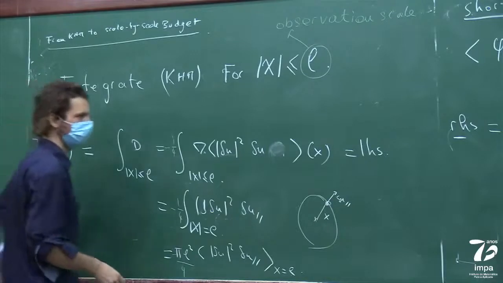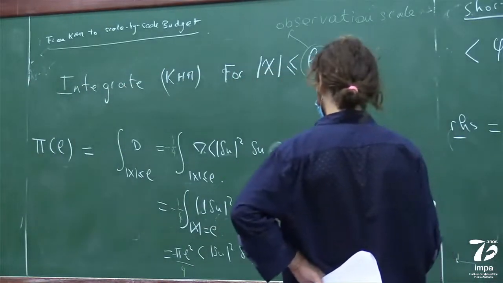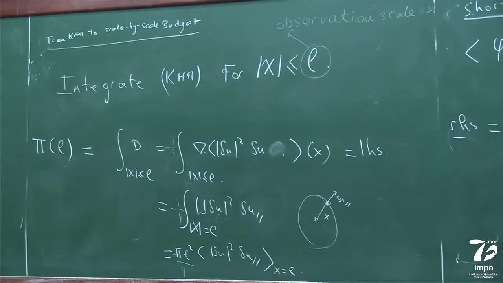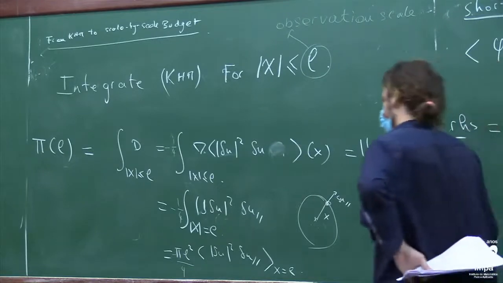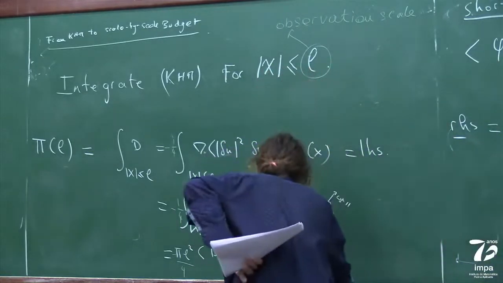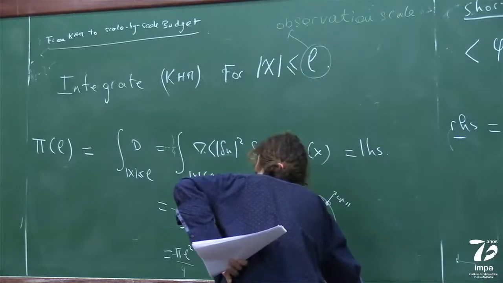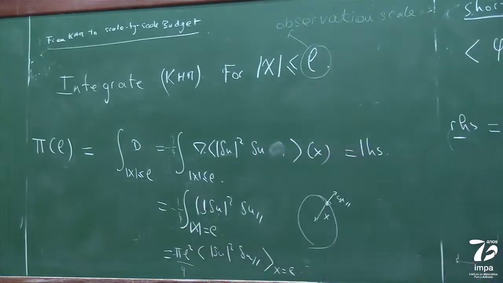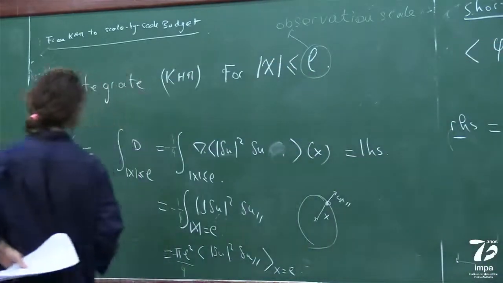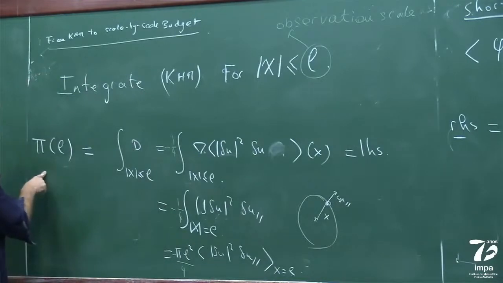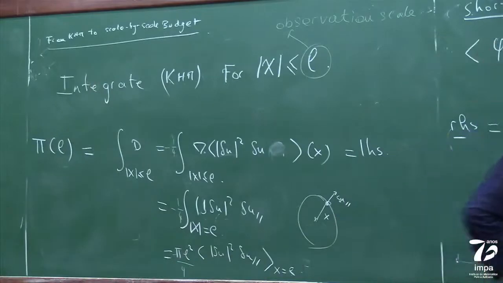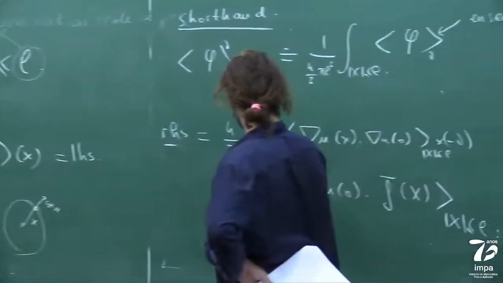Okay, so now if we sum up everything, this is pi L. And then we can also divide everything by this quantity.